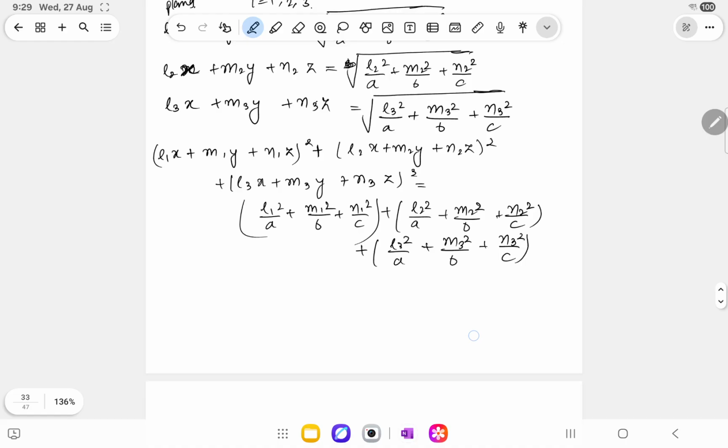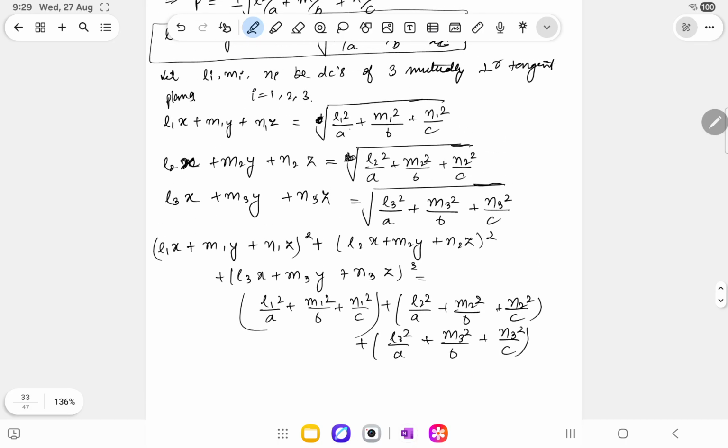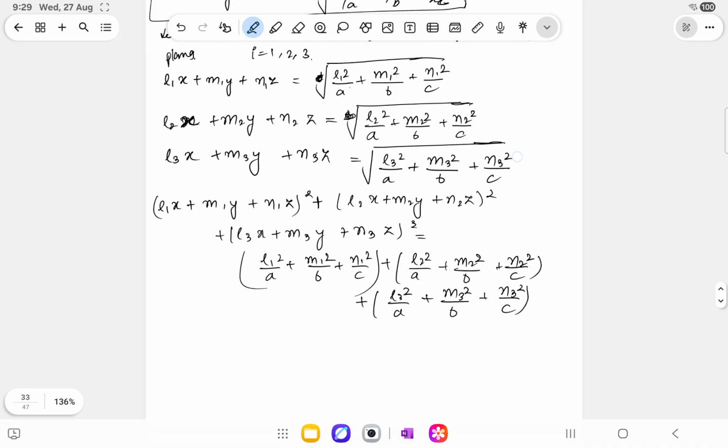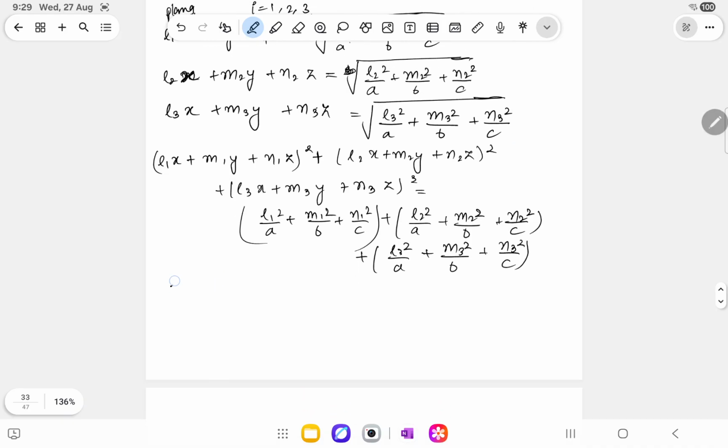If you remember, we have assumed that these 3 planes are mutually perpendicular to each other. So using that relation, I'll get summation li mi is equal to 0. Likewise, summation of li square is equal to 1.